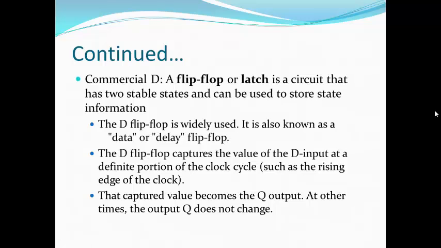It is also known as the data or delay flip-flop. The D flip-flop captures the value of the D input at a definite portion of the clock cycle, such as a rising edge of the clock. That captured value becomes the Q output. At other times, the output Q does not change.